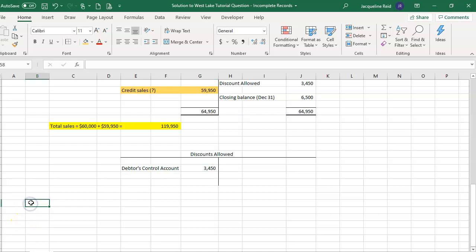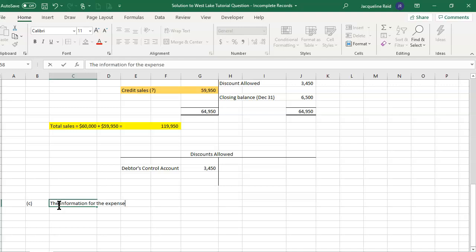Now part C of the question is asking you to determine values for expenses for Westlake. Now you need to be aware of certain pieces of fact. The first thing you need to be aware of is that the information for the expenses will come from the cash book as well as the list of opening and closing balances.